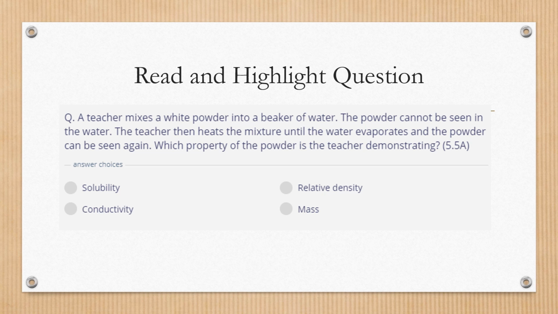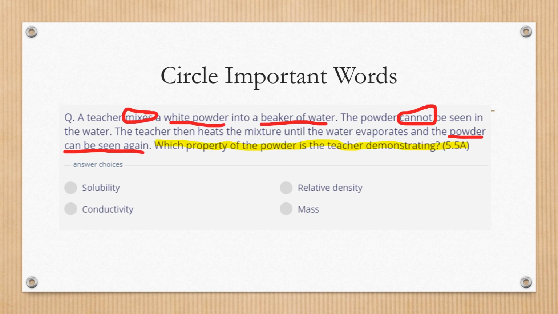After I read, I must highlight my question because this is what I need to answer. Now I need to circle my important words such as mixes, white powder, beaker of water, cannot be seen. I'm also going to make my drawing. I'm going to draw the before. The before, it says that the powder cannot be seen.